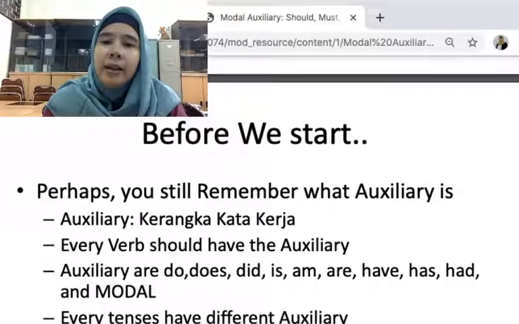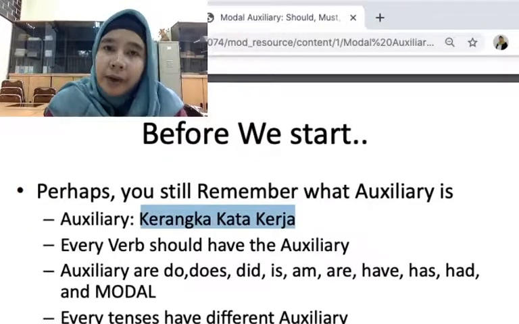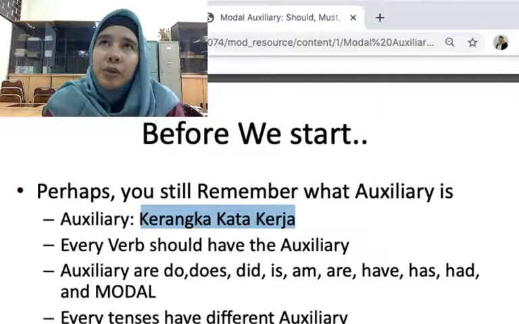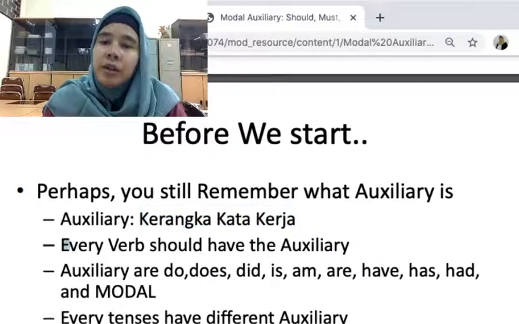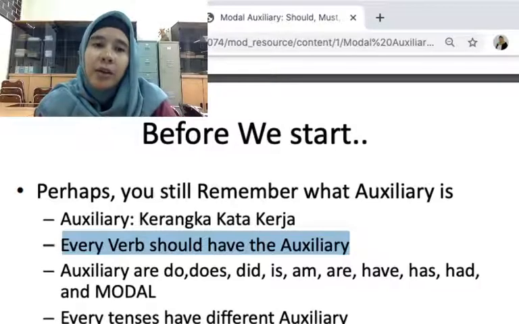Auxiliary, aka kerangka kata kerja, is a part of the sentence. It is usually followed by the verb. So every verb should have an auxiliary. Setiap kata kerja selalu memiliki auxiliary because it is kerangka kata kerja.